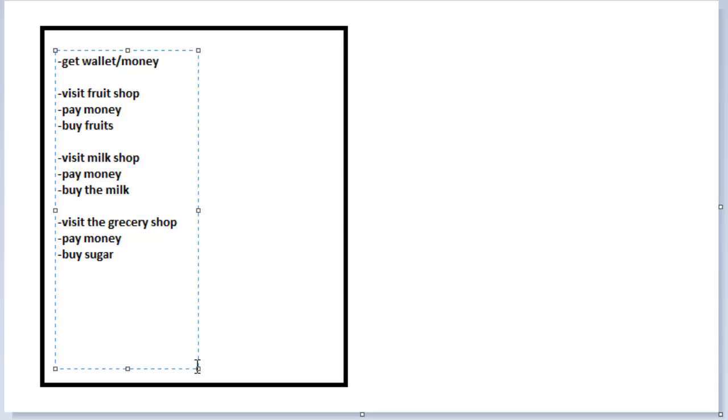So to make the fruit shake, let's say we need to cut the fruits, blend it with the milk, add the sugar that we brought, finally pour into a glass, and at the end enjoy your shake.